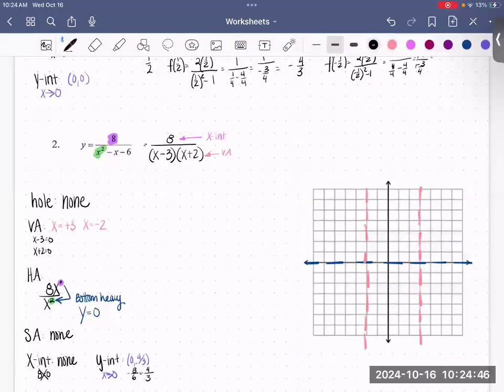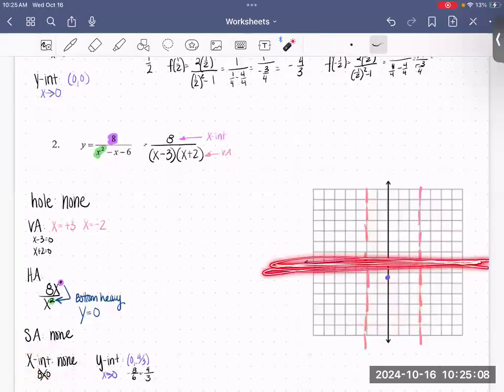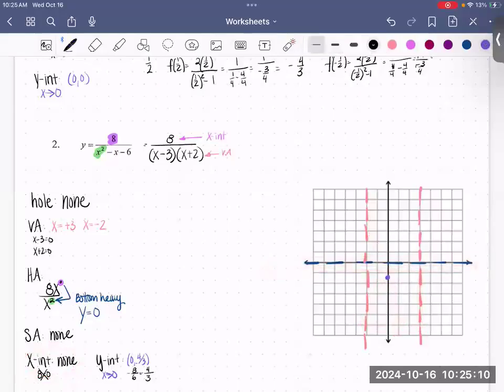We also have your y-intercept right here. And keep in mind, we do not have any x-intercepts. So that just means that most likely when we graph this, we cannot be crossing this horizontal, your x-axis right here. So we can conclude that your values here will have to continue downwards.